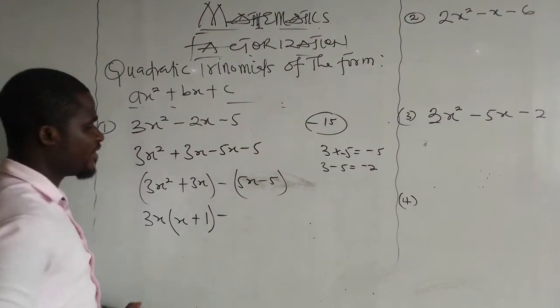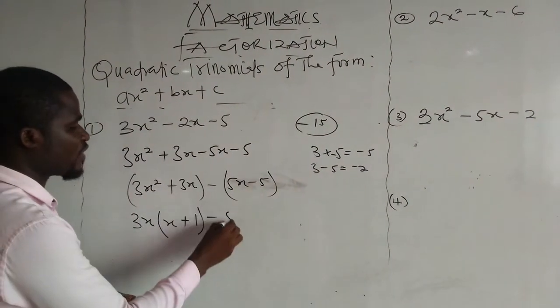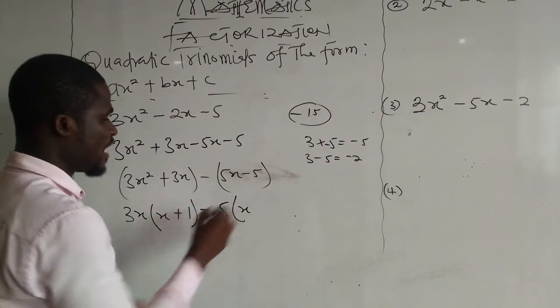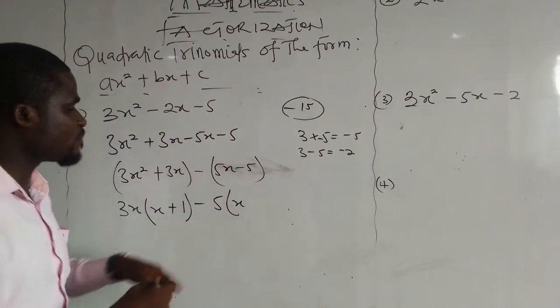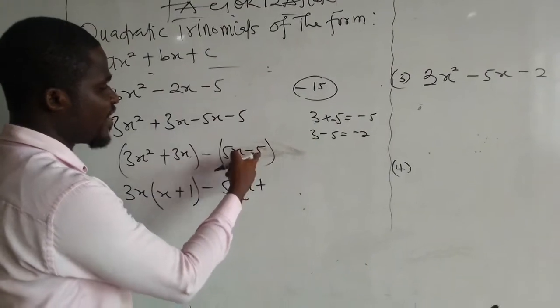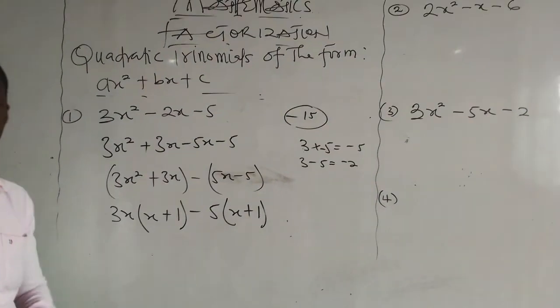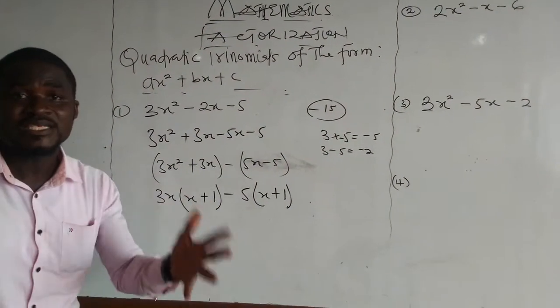We're going to have minus. Now 5 is common. So 5 will come outside. What remains here? x. Now take note here. Negative times negative gives positive. So plus 5 times 1 will give you 5. Good. Now, in our previous lesson, we learned that whenever you factorize, the bracket should be the same.